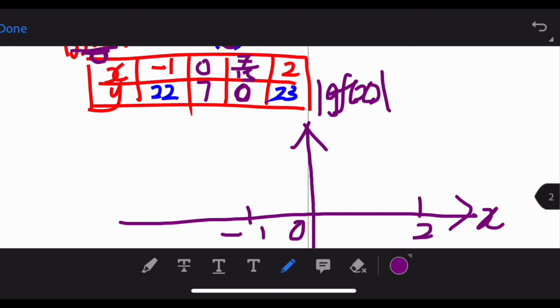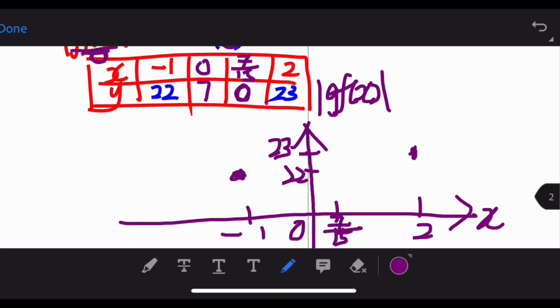Just now we have -1, which is 22, and 2, which is 23, so we can label here 22 and a little bit higher 23. And then the turning point is where? The turning point is at 7 over 15.